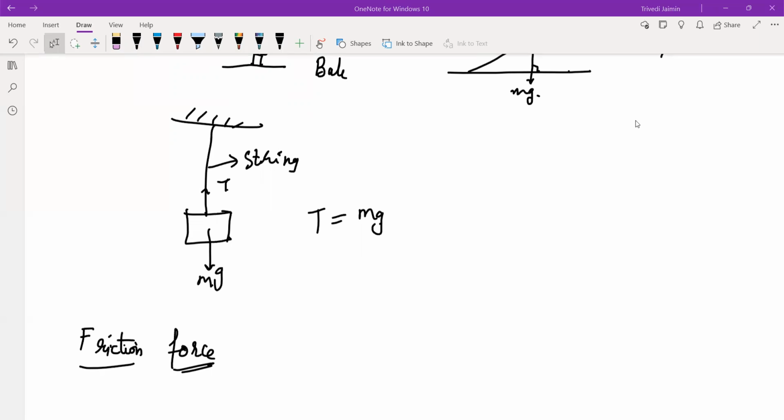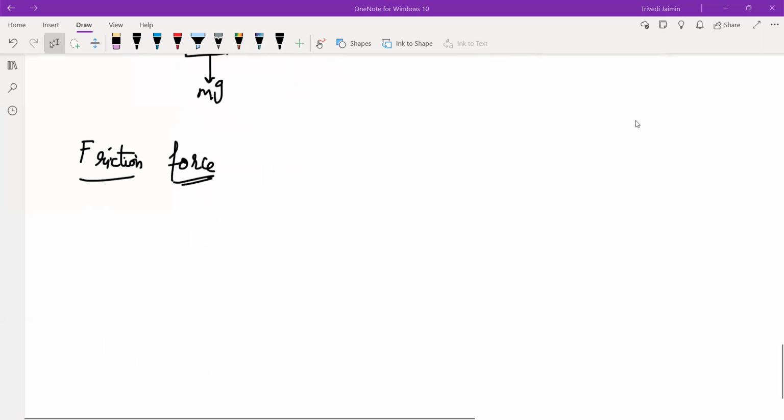Exactly, which acts in the opposite direction of the movement, an opposing force on an object. Can you tell me why it is opposing? Because when two surfaces come in contact with each other, it creates a friction force. Okay, so it slows down the motion.